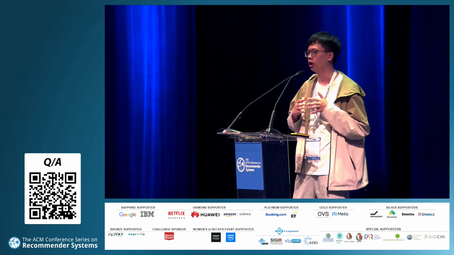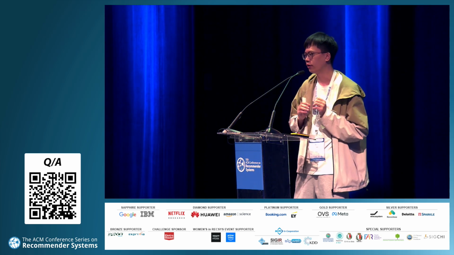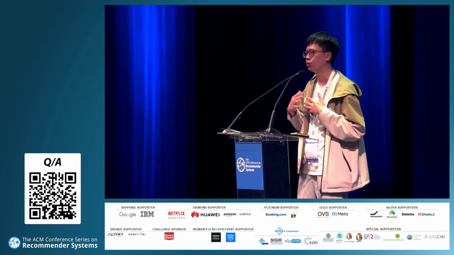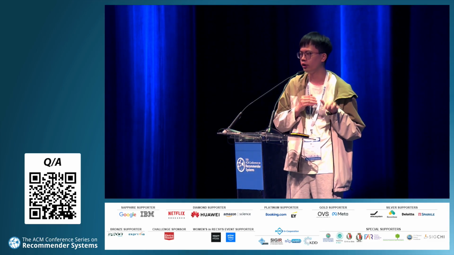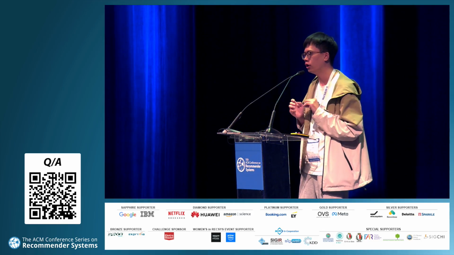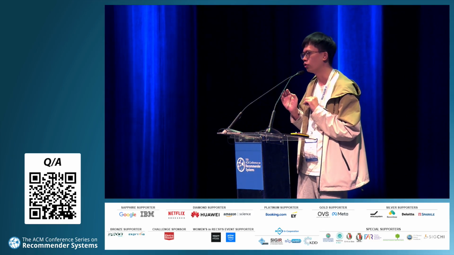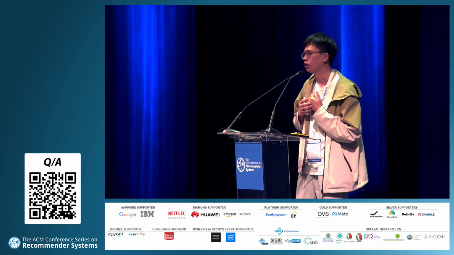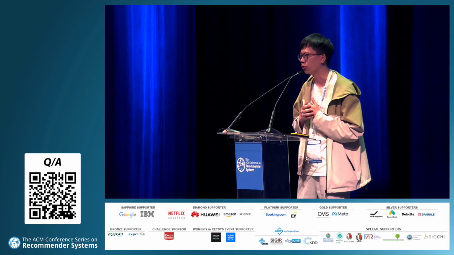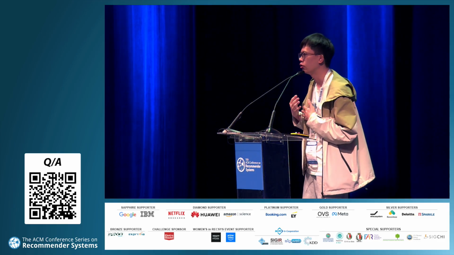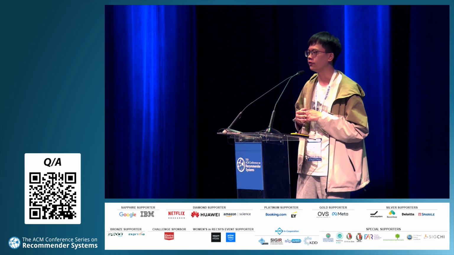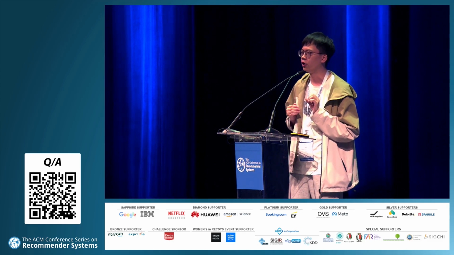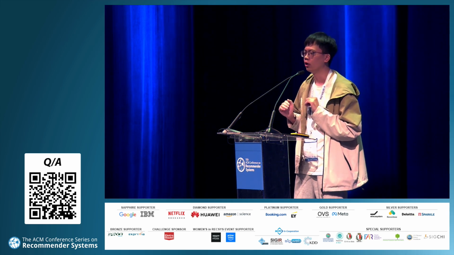So we use another model as the signal, and then we can transfer the semantic knowledge from the pre-trained language models into the ID-based models. By doing this, we can not only use the effectiveness of the pre-trained language models, but also the inference efficiency of the ID-based models, because the inference latency of ID-based models is smaller than that of the pre-trained language model. So in this case, we can take full advantage of the two kinds of models.